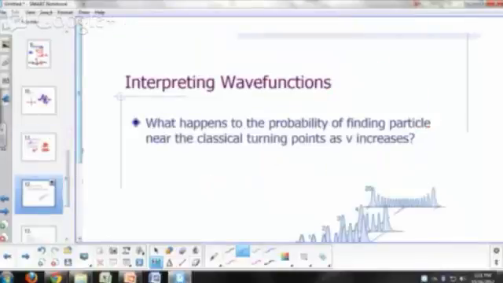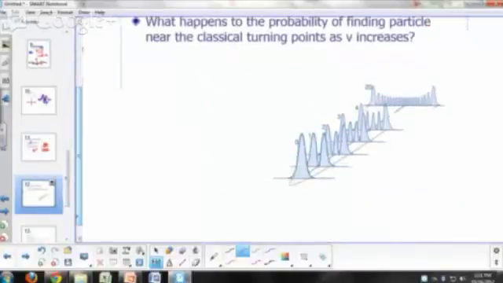Here's another way of looking at the wave functions. This is for v equals 0, 1, 2, 3, up to 20. This is the square of the wave function. What's happening as you go from v equals 0 to v equals 20?